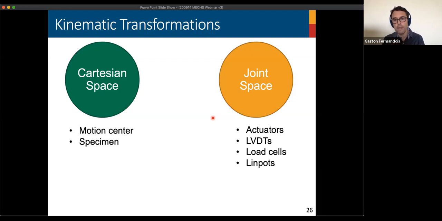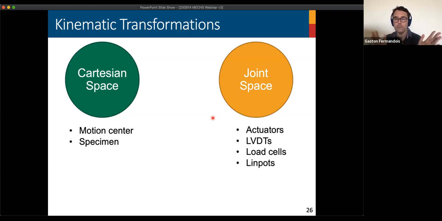On the other hand, we have the joint space, which is the space where we measure actuator length, or LVDT length, or load, the forces in each of the load cells that are in line with each actuator.